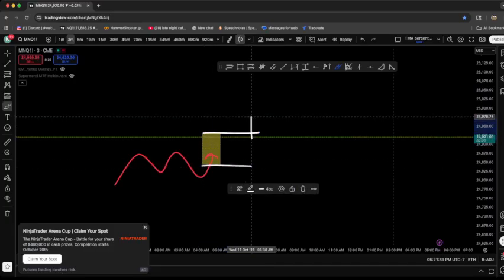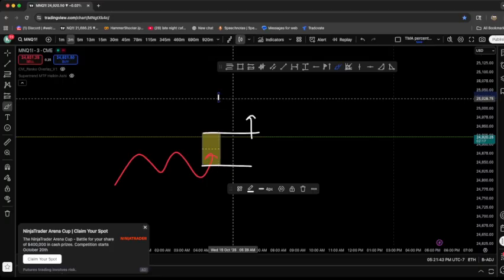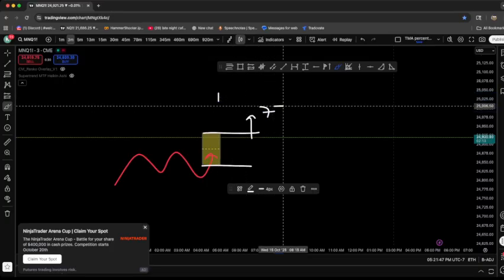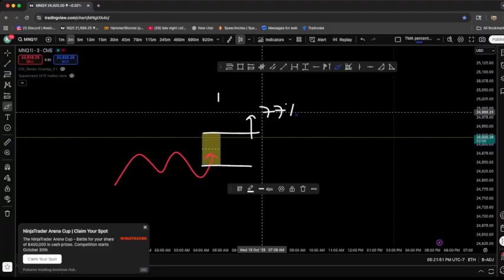What I'd originally been looking at was a 1-to-1, but now I'm looking at a 77% projection, so that would be like 0.77. I've been looking at that. I look at 80.